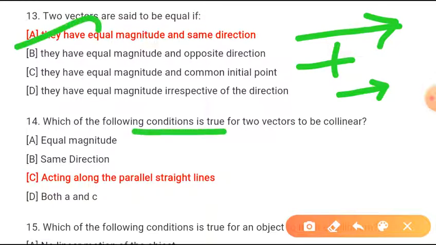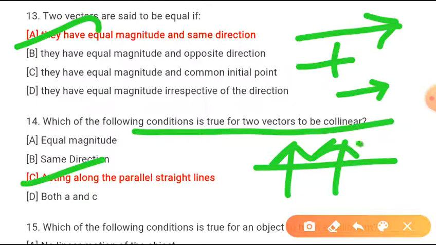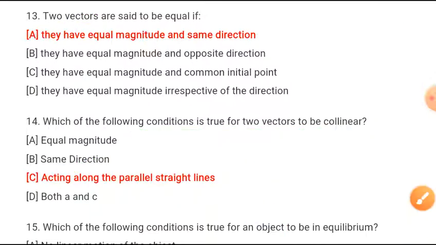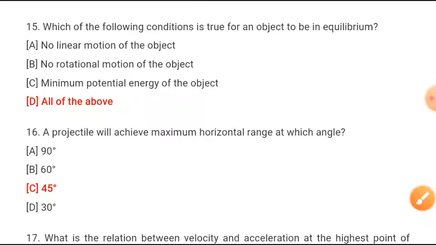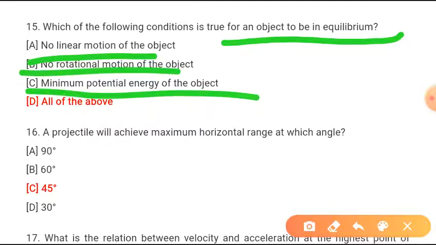Which of the following conditions is true for two vectors to be collinear? Acting along the parallel straight lines. Which of the following conditions is true for an object to be in equilibrium? No linear motion of the object, no rotational motion of the object, minimum potential energy of the object: all of the above.